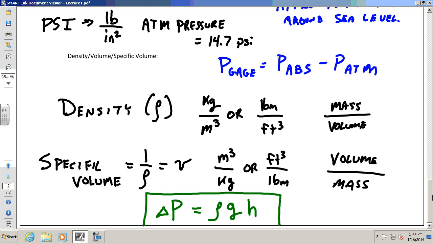And by the way, the density of water, another one you should memorize, is 1,000 kilograms per meter cubed. Don't ask me what it is in pound mass per foot cubed, because I don't remember that one. Look it up. Isn't that nice? Nice and easy. Not all densities, just the density of water.